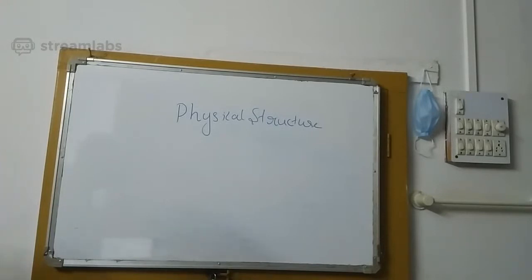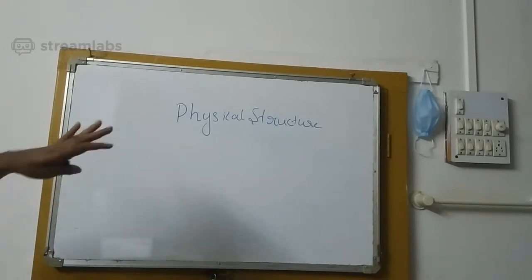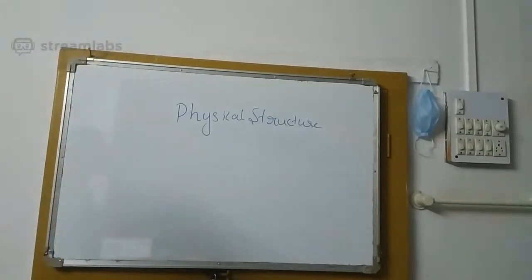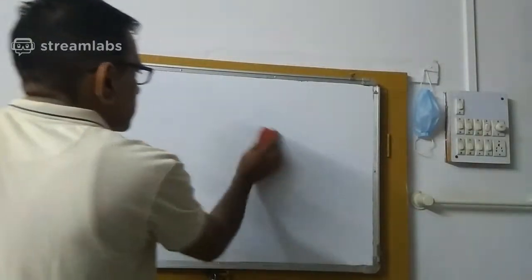Basically I am talking about creating the physical structure based on the connection. First I talk about this classification in the form of physical structure. My phone battery is low, so I'll connect it.